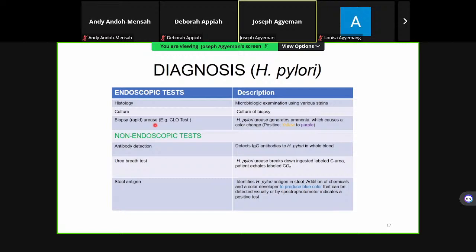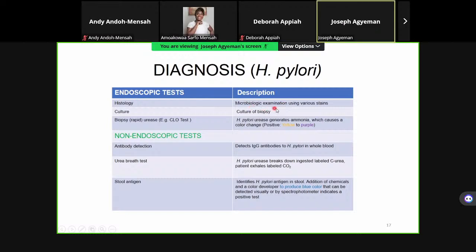You go to the duodenum, you take biopsies from there. Then you do microbiologic examination of the sample taken by endoscopy, to see whether you are going to find any bacteria there or not.